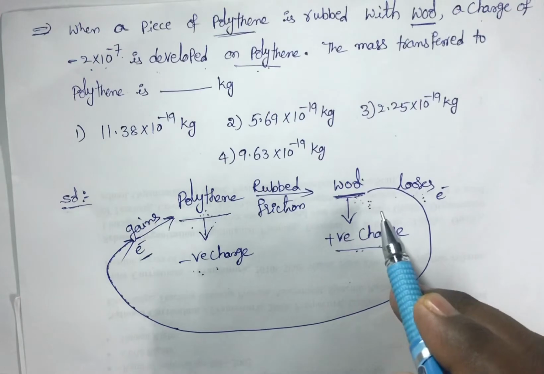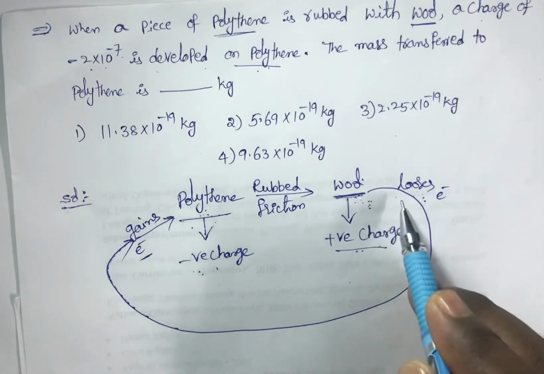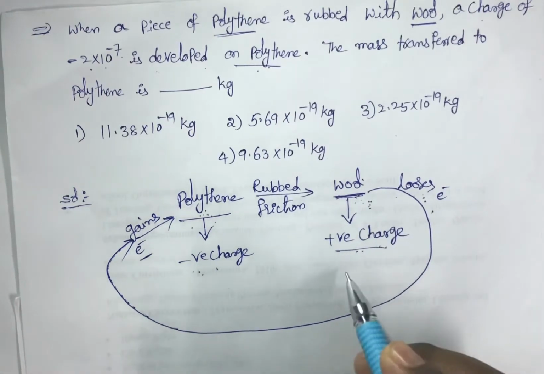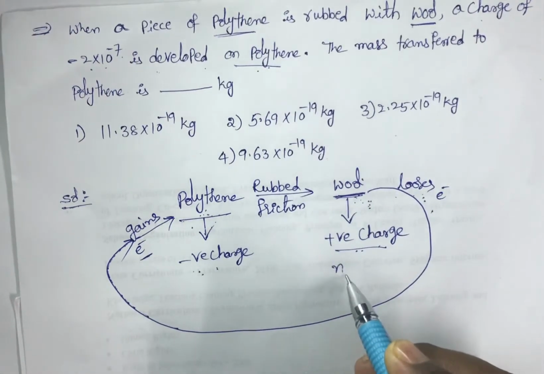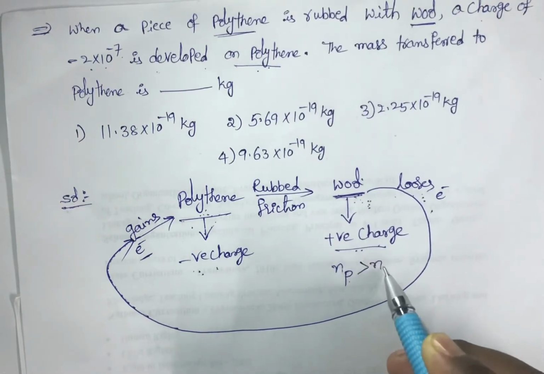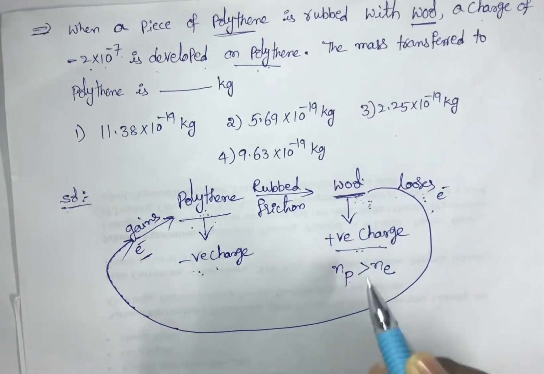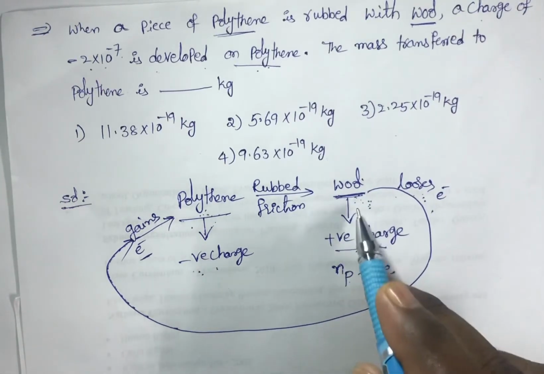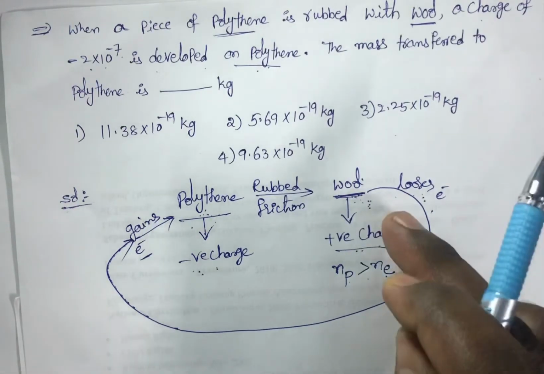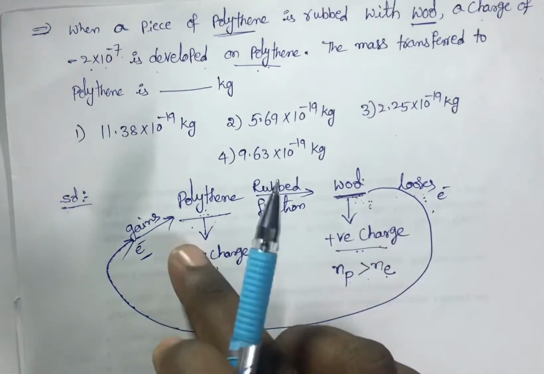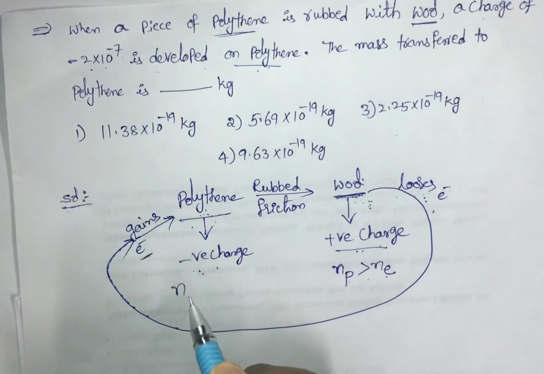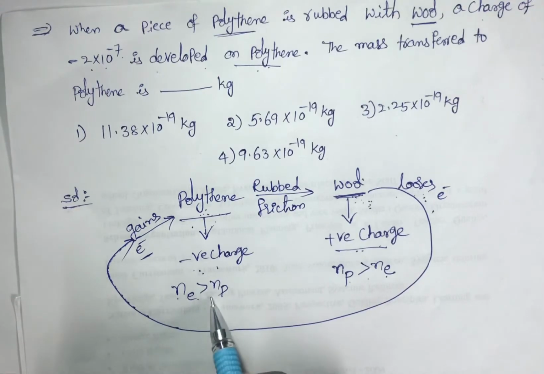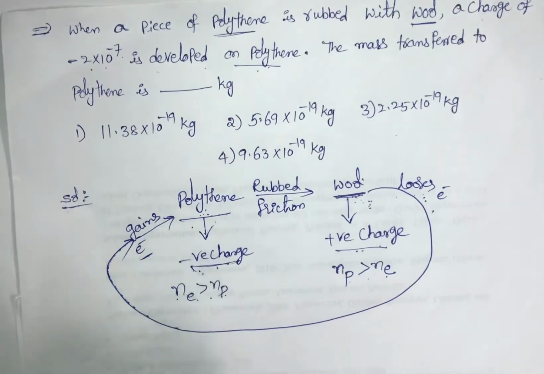Next, one more point. Whenever the wool loses electrons, it loses some amount of mass. The number of protons is greater than the number of electrons in the wool, so it gains the positive charge.